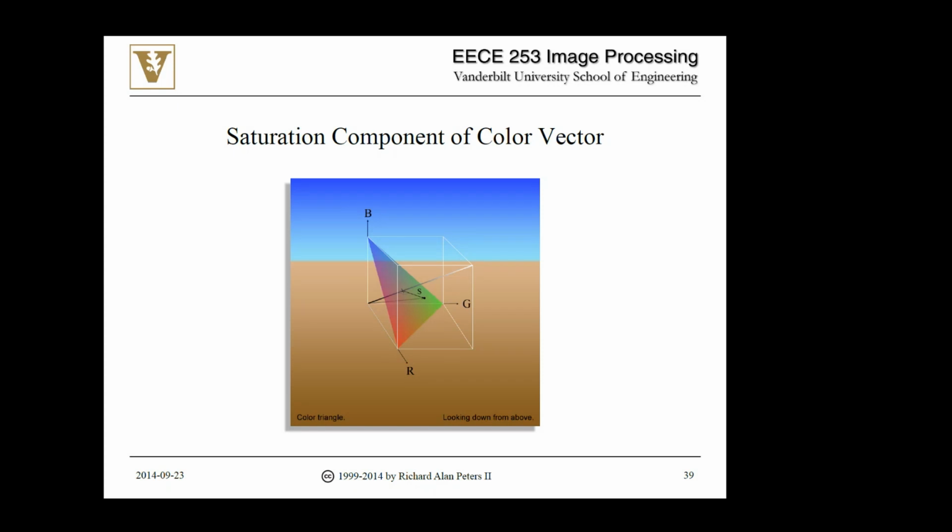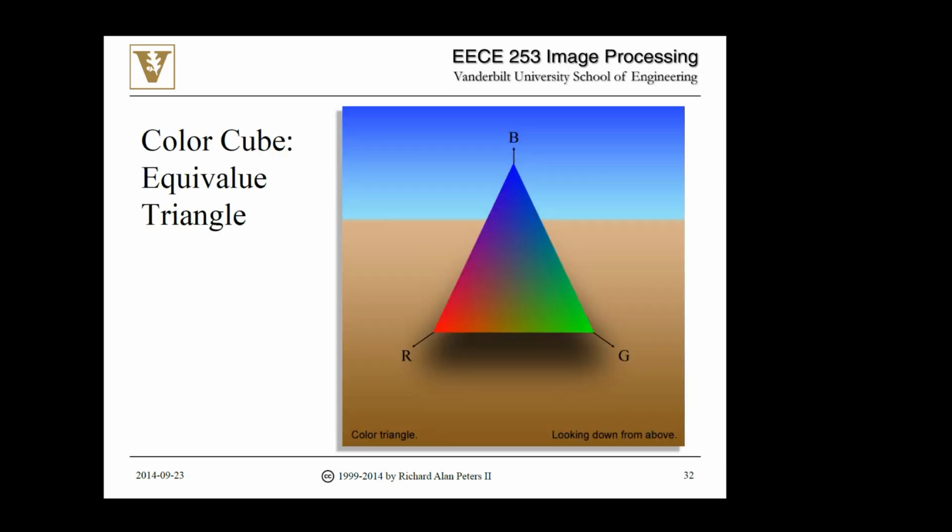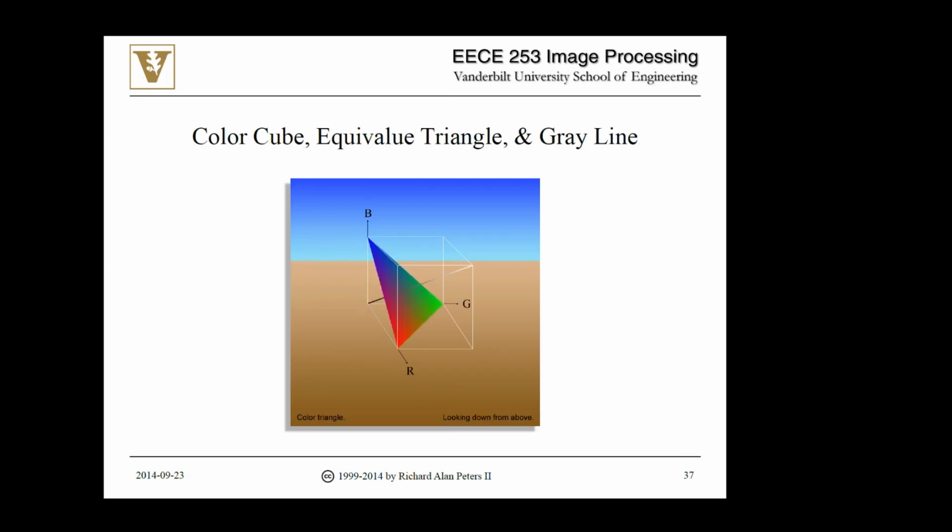And then we have to give the color. The color is given by two elements. One is how far you are from the line, that is the saturation. The other one is in which direction you have to travel to reach that point. To specify that direction, you have to find a point in the plane.